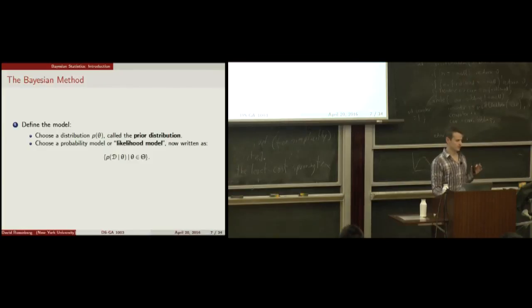All right. So how does the Bayesian method work? We start with a prior distribution on theta, and then we have the other piece, which we also have in frequentist statistics, which is the likelihood model for the data. So let's look at this closely. We have some description of the likelihood of a data set D given theta.